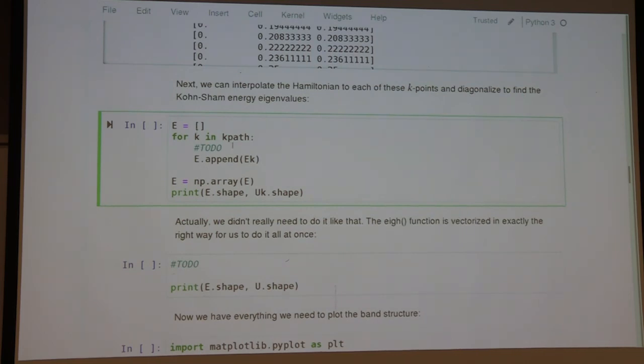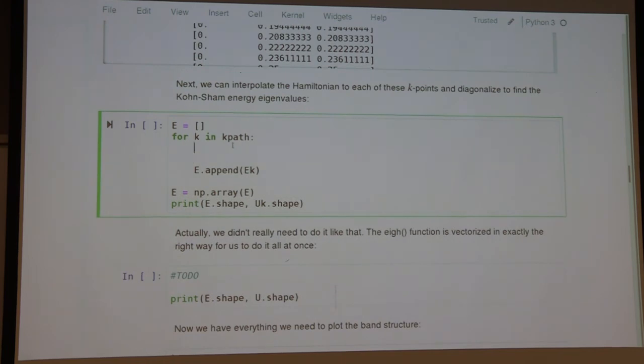So first I will do the Fourier transform, and for that I'll have a Fourier transform phase, which is going to be 2 pi I times the dot product of k with the cell map.